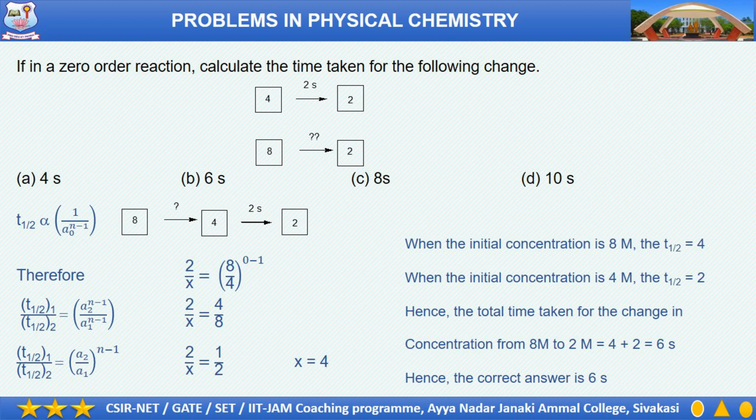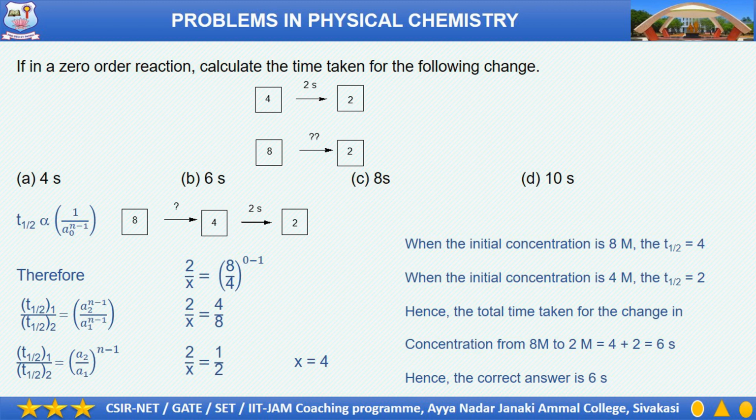The initial concentration in the second data is 8 divided by the initial concentration in the first data, 4, power n minus 1. Here it is a zero order. Therefore, 0 minus 1, the value is equal to 4 by 8, 2 by x. Therefore, x is equal to 4.